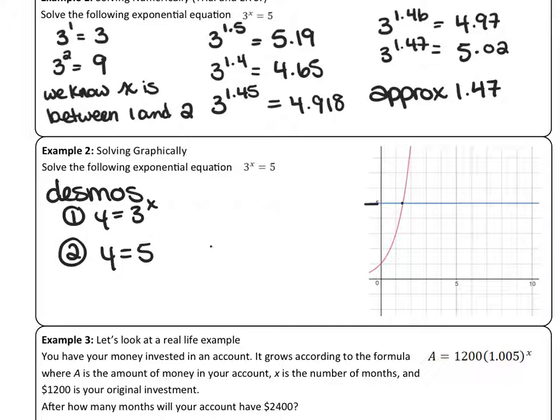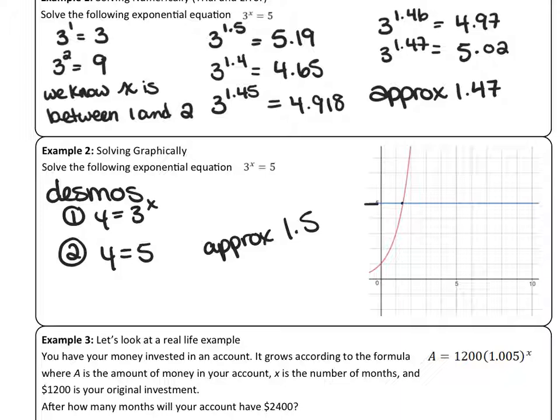And so based on our graph, we can say it's approximately 1.5. Of course, the only way to get a little bit closer is to zoom in even more. But again, with this kind of stuff, we're just approximating, so it's okay that it's not exact.